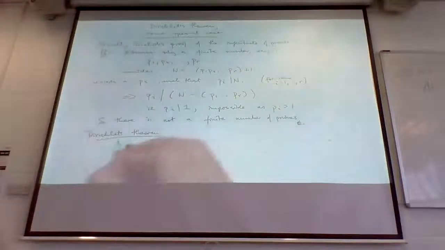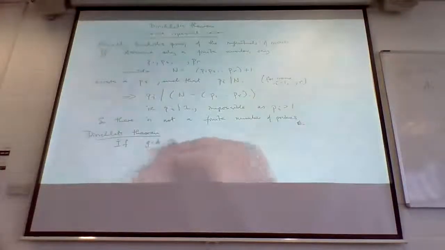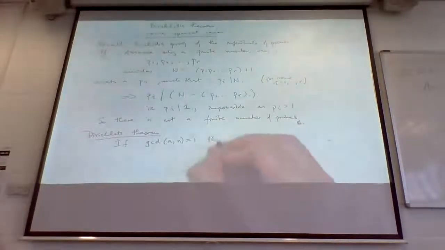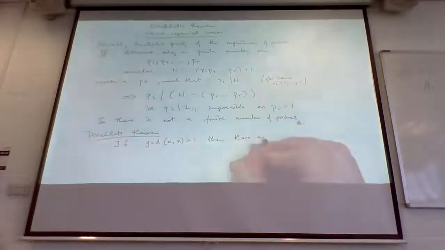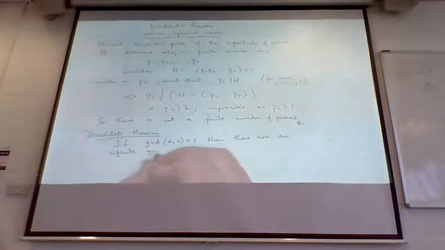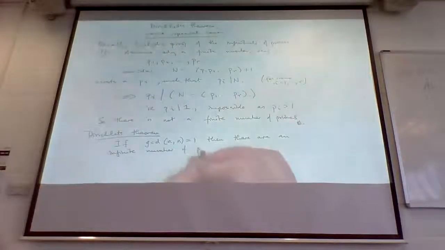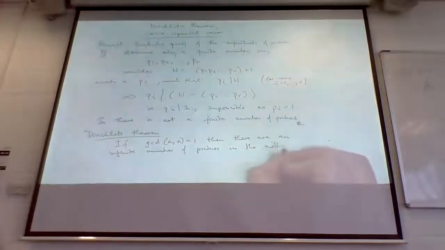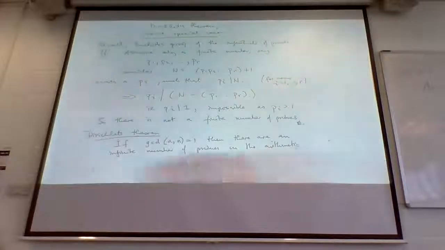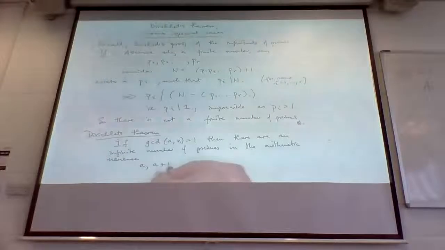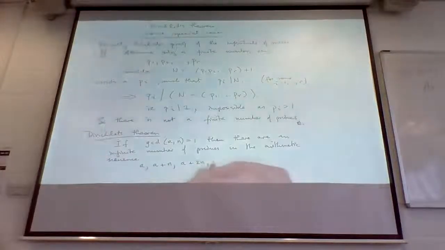So the way it's commonly phrased is, if the GCD of A and N is 1, if A is coprime to N, then there are an infinite number of primes in the arithmetic sequence, so the sequence beginning with A, then going A plus N, A plus 2N, A plus 3N, etc.